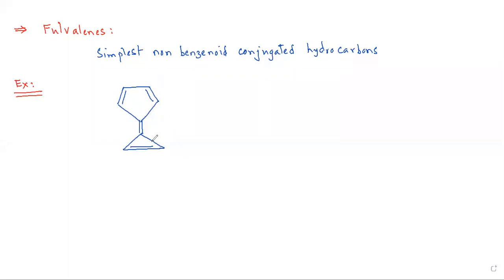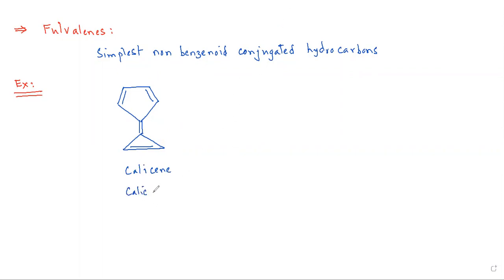It's called calicene. Okay. Now let's see how it becomes aromatic.